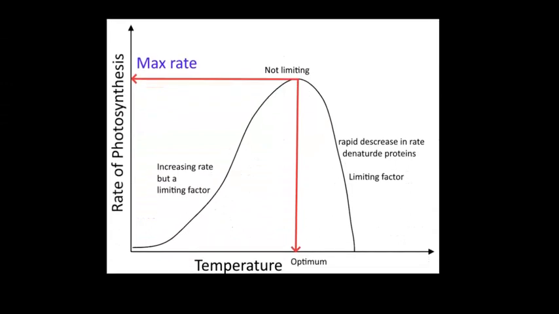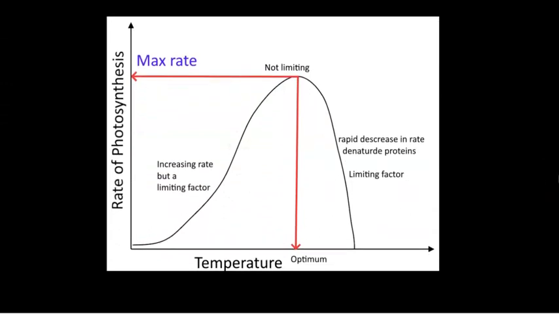So the effect of temperature on the rate of reaction is, as you'll see from the shape of the graph, the same as any consideration of temperature on the rate of reaction, because the critical factor is the influence on the enzymes involved in photosynthesis.